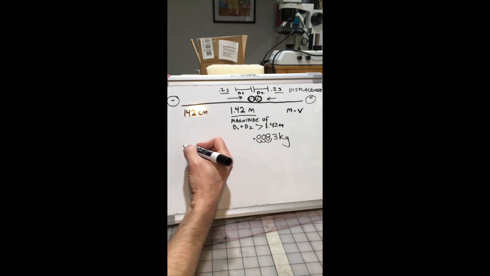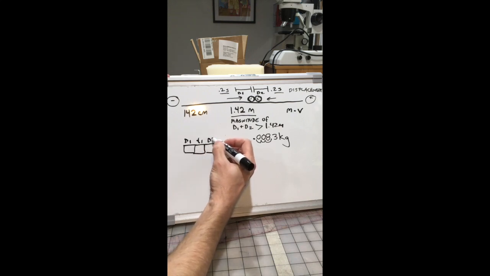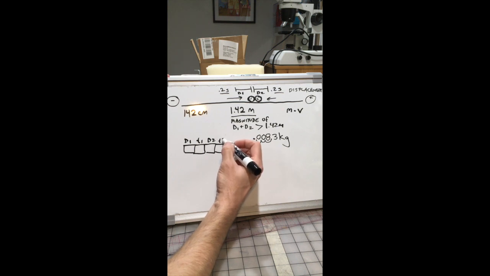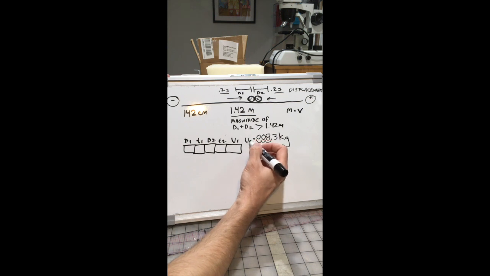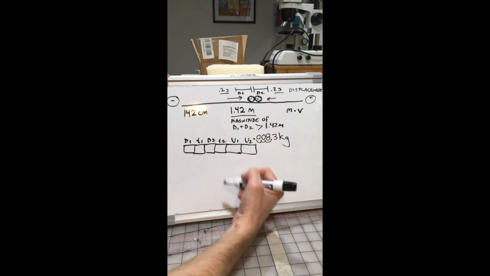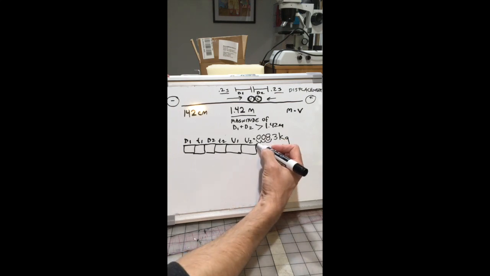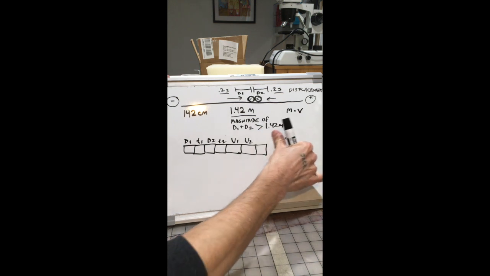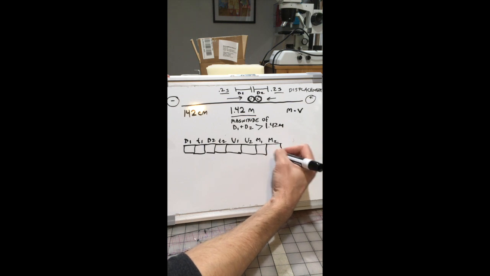So you've got your D1, your time one, you got your D2, you got your T2. Then you've got your velocity 1 and your velocity 2. Now, one of these is going to be negative. And then finally, you've got your momentum 1 and your momentum 2, and then finally, your total momentum.